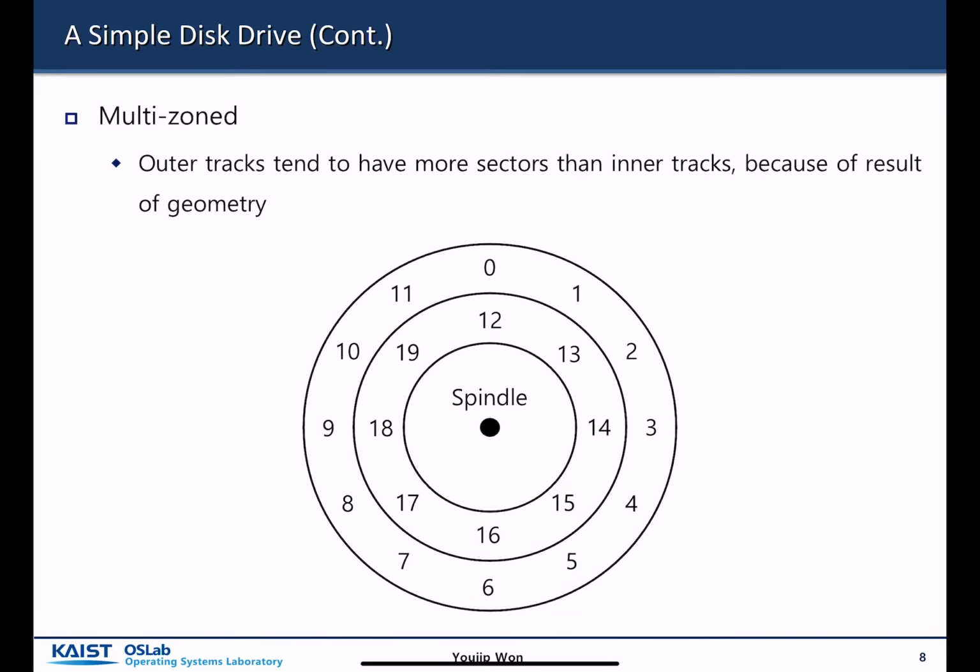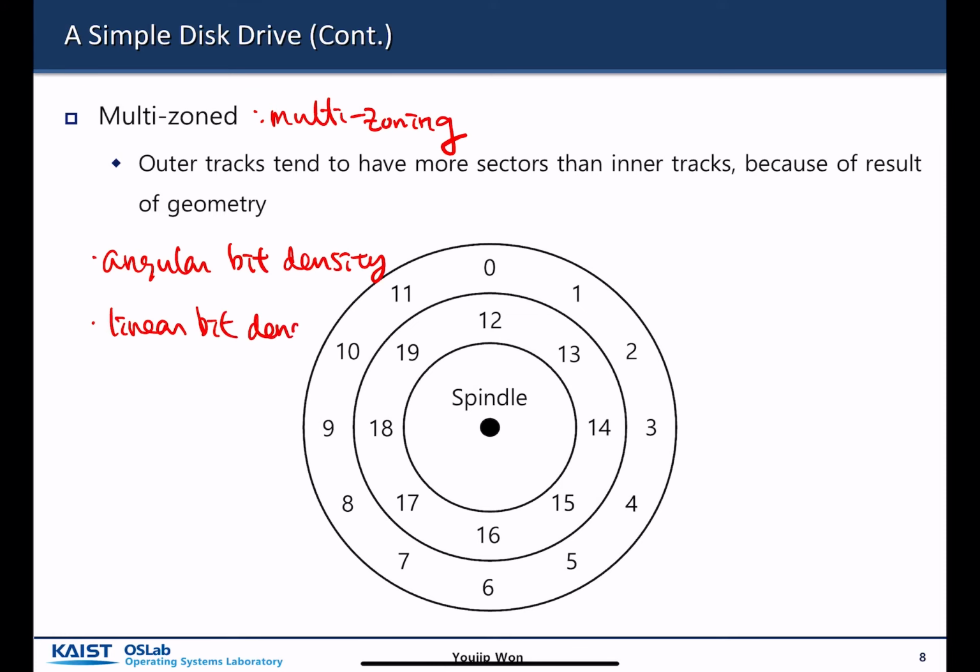Now we explain the concept of multi-zoning. There are two types of bit density. One is angular bit density, and another one is linear bit density.